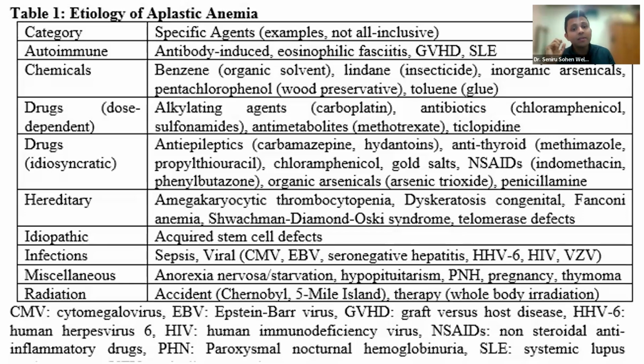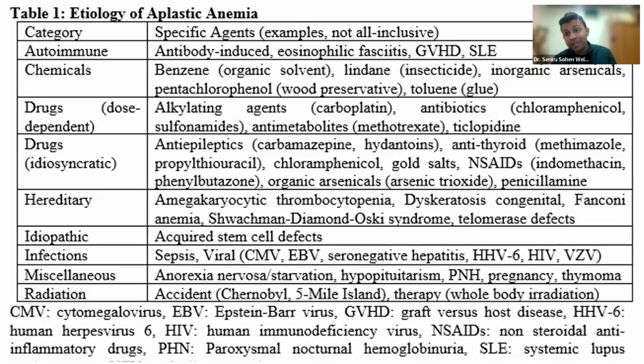And for some drugs we have an idiosyncratic reaction, where we don't know when the aplasia will occur or at what doses the aplasia will occur. Such drugs may include propylthiouracil, anti-epileptics, and chloramphenicol.